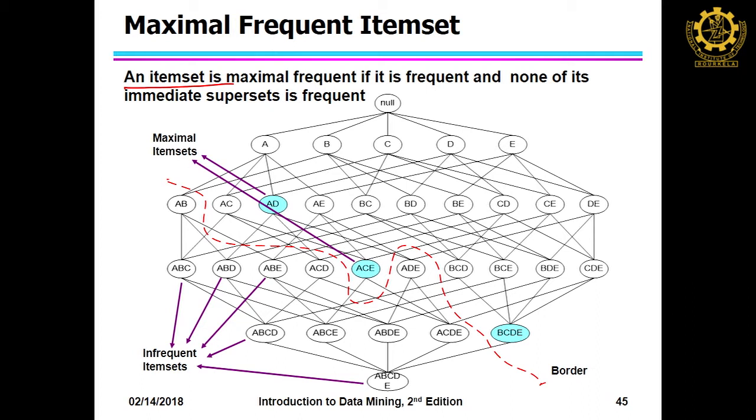It must be frequent, that means its support must be greater than or equal to the threshold, and its corresponding supersets won't be frequent. Then that item set is called a maximal frequent item set.